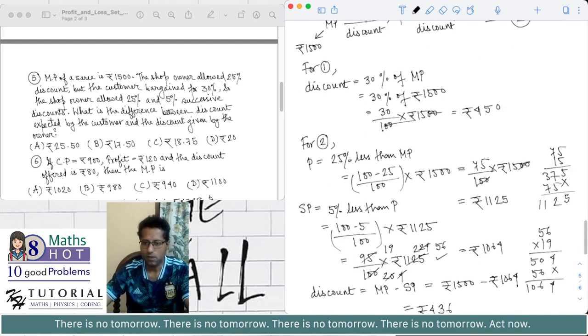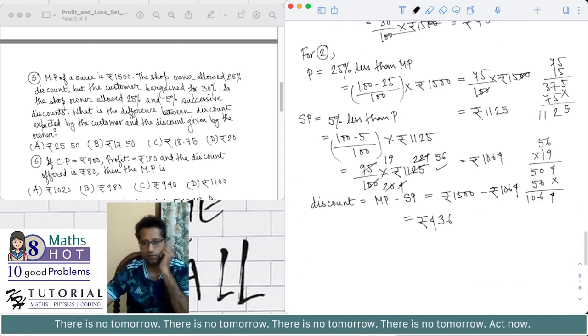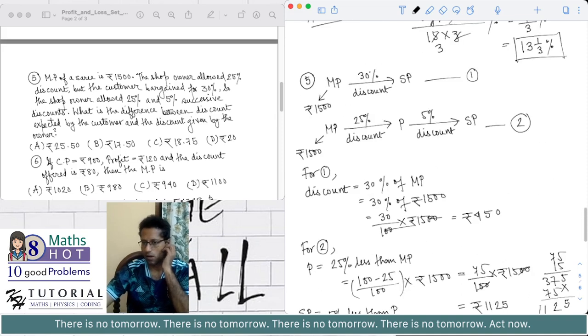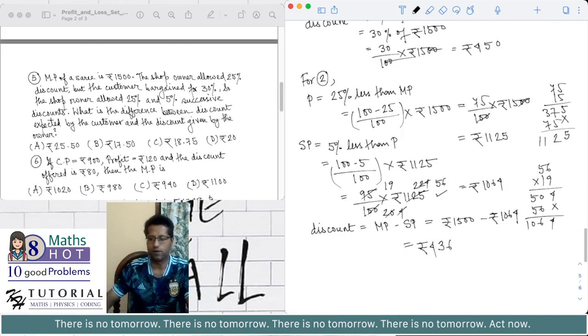Okay, and for scenario two, the discount offered by the shopkeeper, that is a two successive discount of 25% and 5%, the total discount is coming to be 436. So we have to find the difference of 436 and 450.